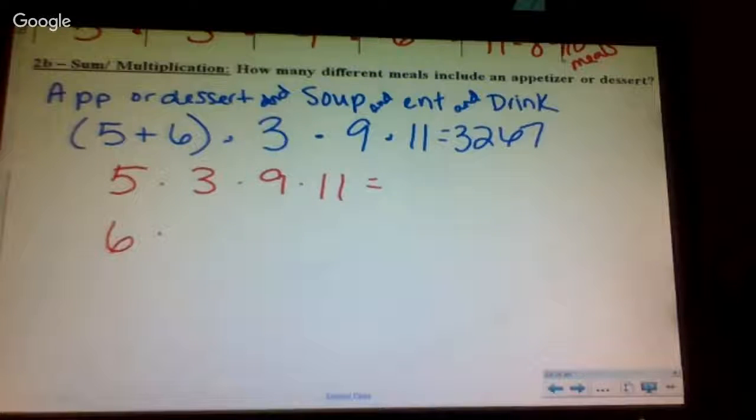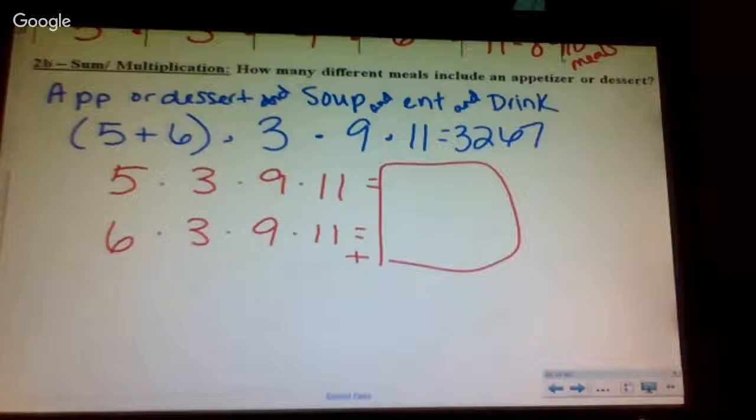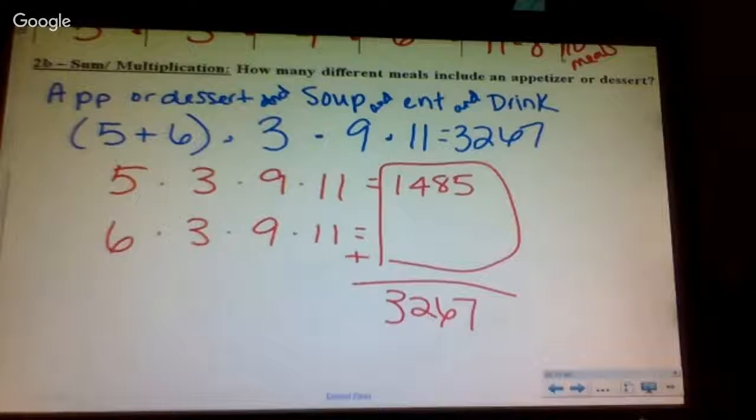Or I can get dessert, soup, entree, drink, and then take these two totals and add them together to get your grand total. And you still would have come out to 3,267, because this would have come out to be 1,485, and this would have come out to be 1,782. So either way works. Does not matter to me.